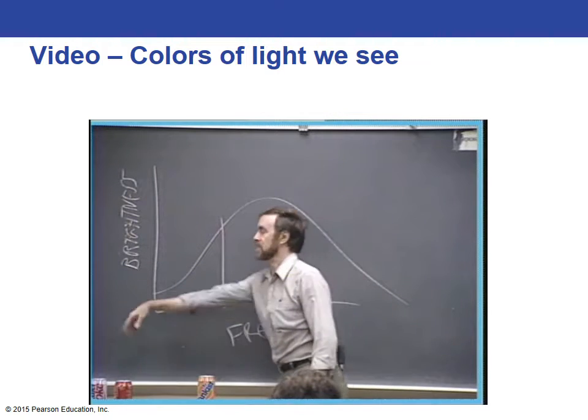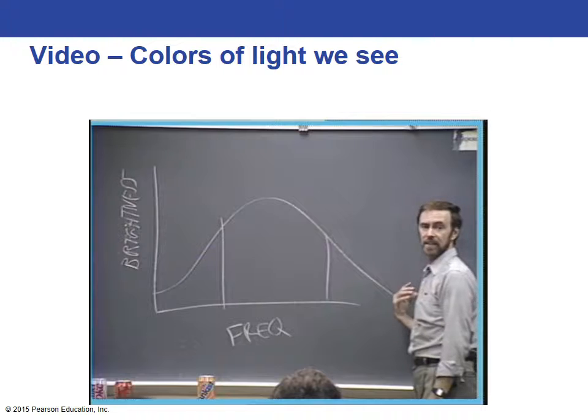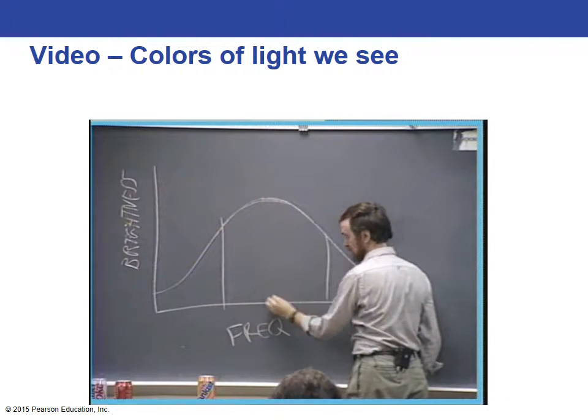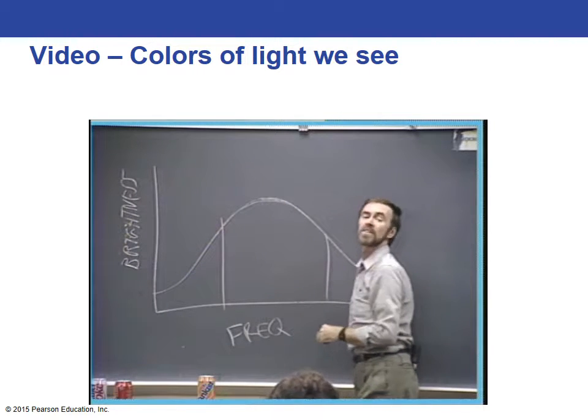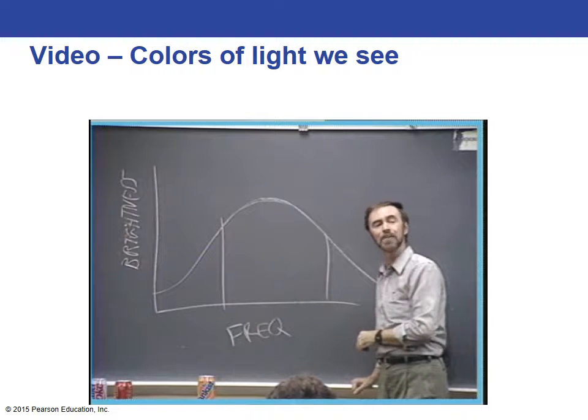Over here you can't even see. That's the infrared. Over here you can't see. That's the ultraviolet. But it turns out that right in here, that's the frequency of light that is emitted mostly by the sun.